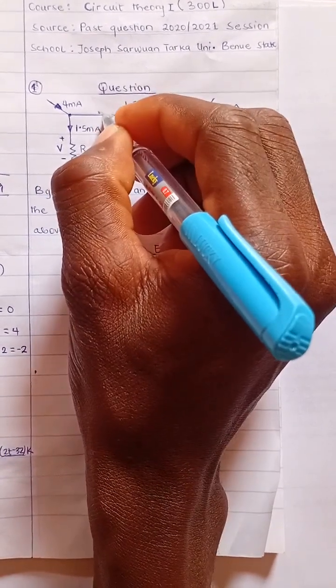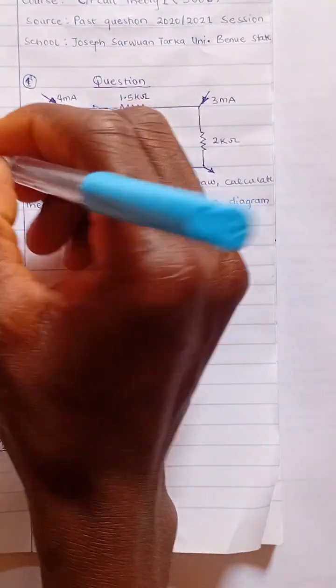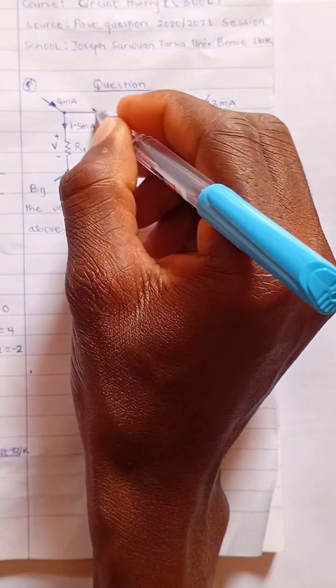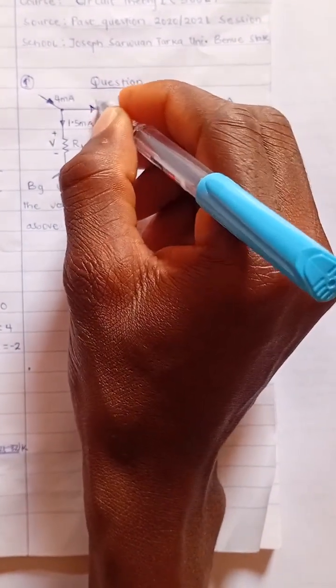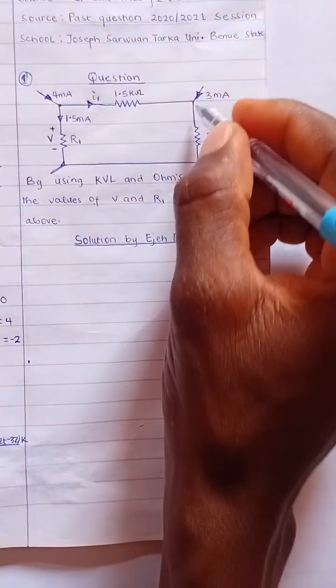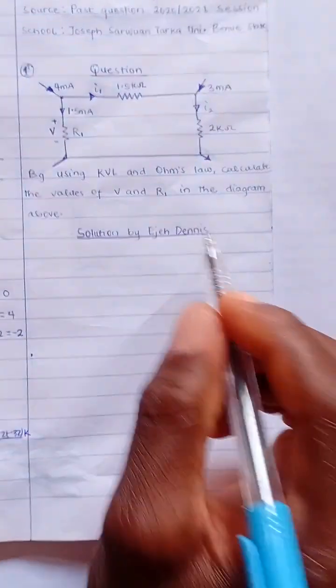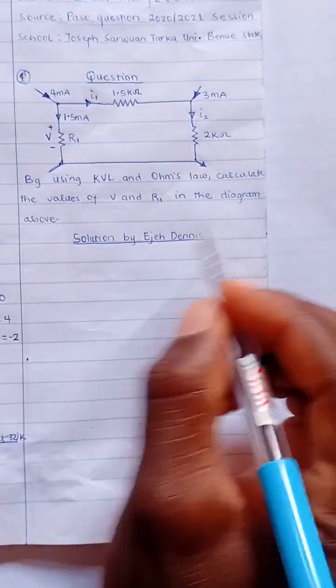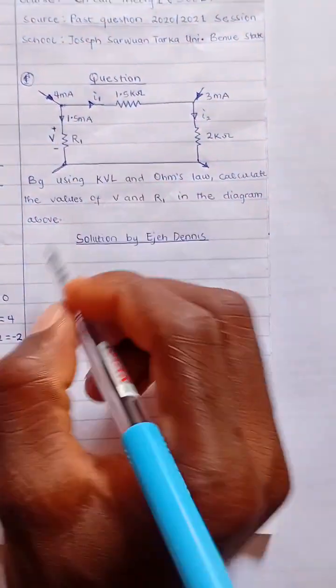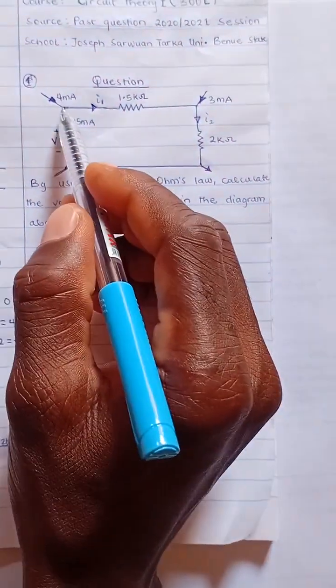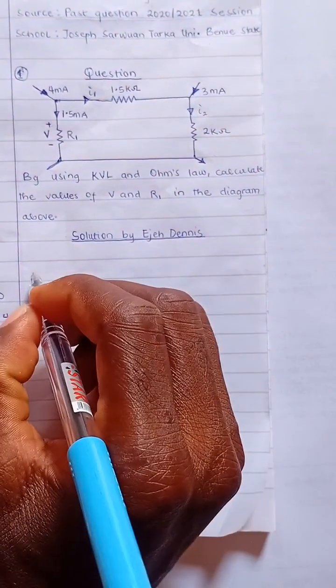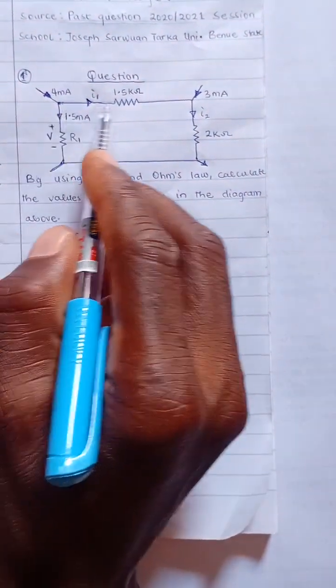I'll call this current, let's say, I1. Then we also have to find this current I2. So how do we get the values of I1 and I2? It's very simple. If you look at this node, you apply Kirchhoff's current law to this node. You know that the sum of current entering is equal to the sum of current leaving.